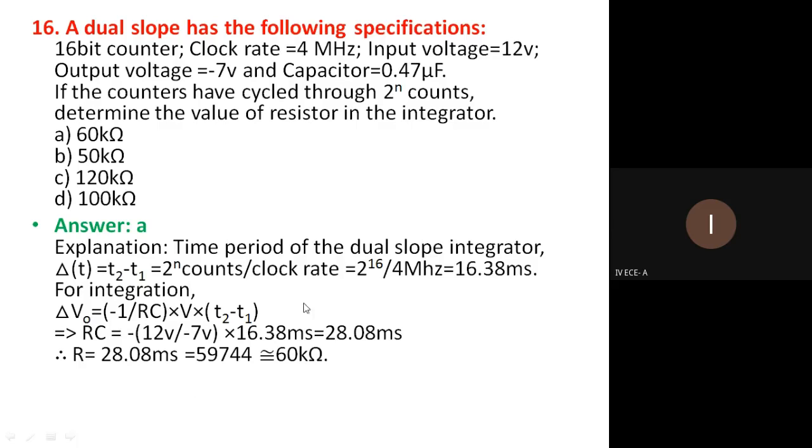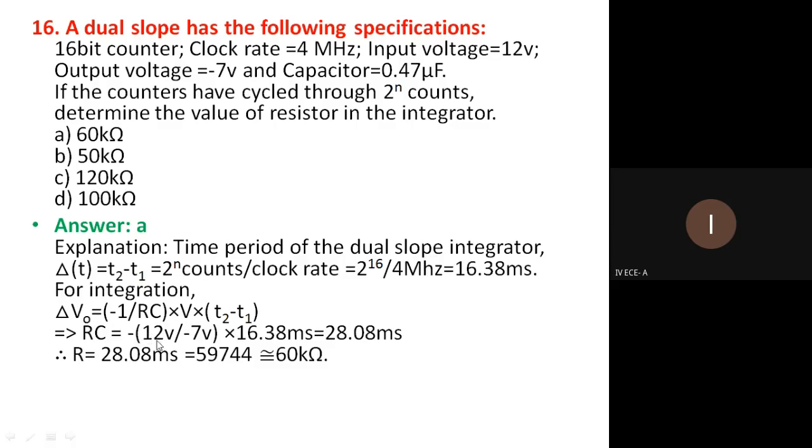The explanation: time period for the dual slope integrator, del T is equal to T2 minus T1, which is 2 power n counts divided by clock rate. Here it is a 16-bit counter, so substituting n equal to 16 divided by 4 megahertz, it gives the value 16.38 milliseconds. For integration, del V naught is equal to minus 1 by RC into V into T2 minus T1.